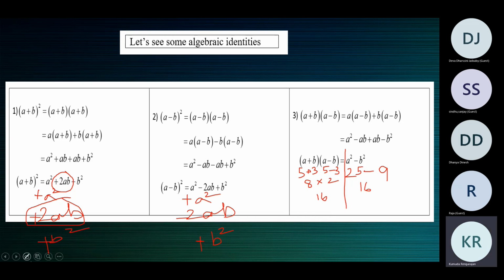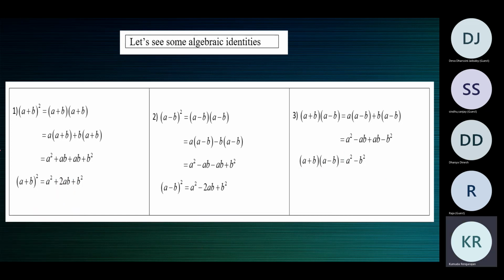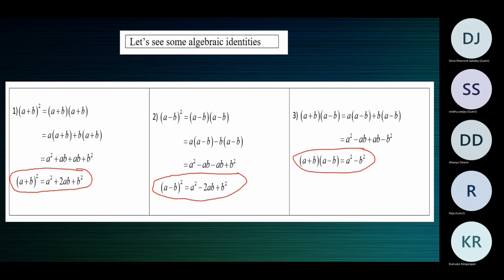Okay. So now let's see how these identities have been derived. So these are the three. When you're asked to mention or tell the three algebraic identities, this is one, and this is one. So these are the three algebraic identities which you have for this year.